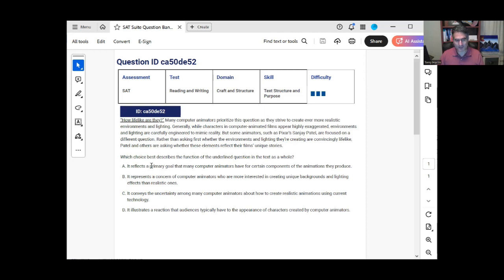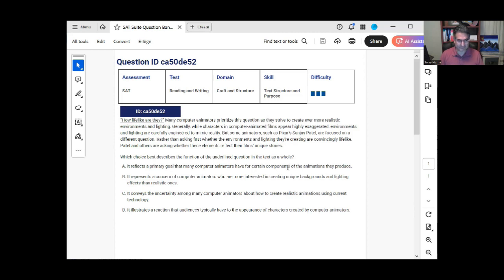A, it reflects a primary goal that many computer animators have, okay, so far so good, for certain components of the animations they produce. What do we mean by certain components of the animations they produce? As they strive to create even more realistic environments and lighting. Environments and lighting, those could be considered the components.